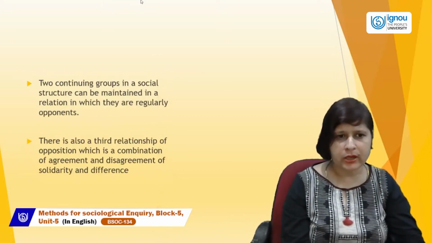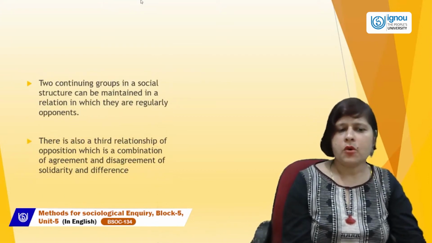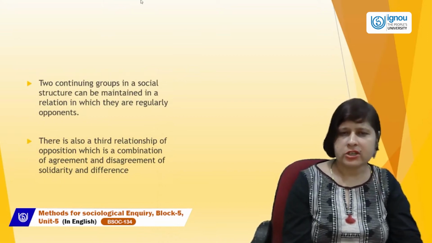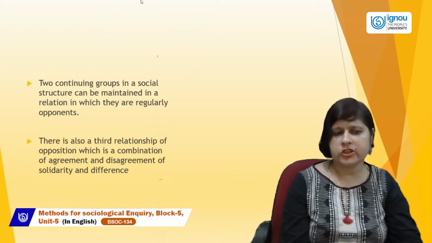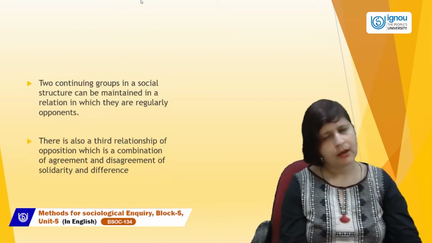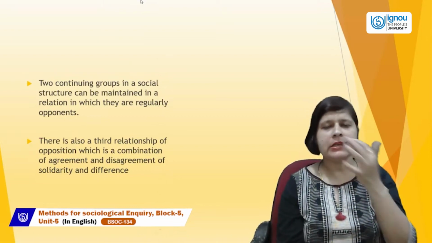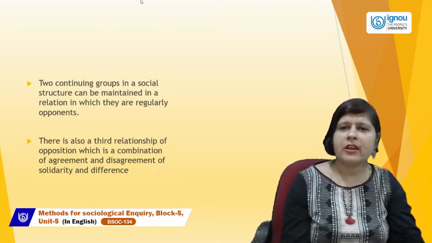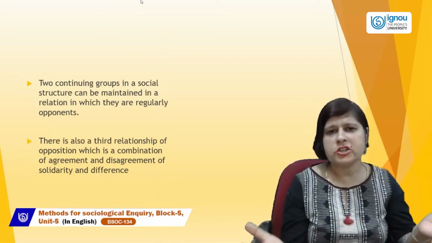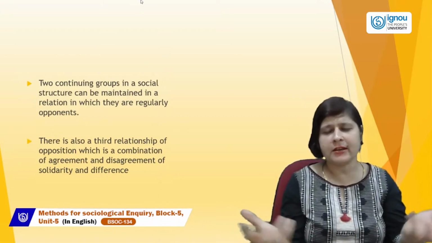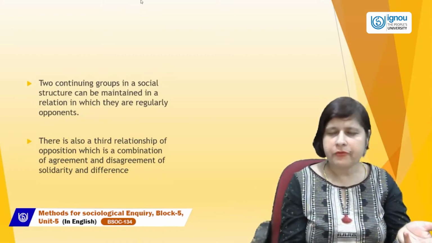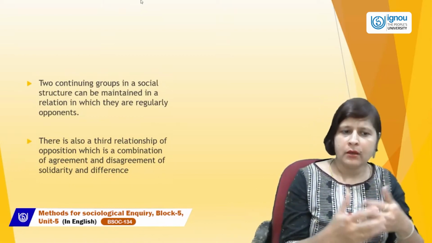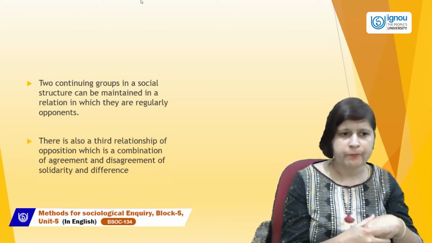The second type, what he said is, two continuing groups in a social structure can be maintained in a relationship in which they are regularly opponents. See, this increases the solidarity. If there are two groups or two opposite teams playing football or cricket, this is the second type of group in a social structure, right?